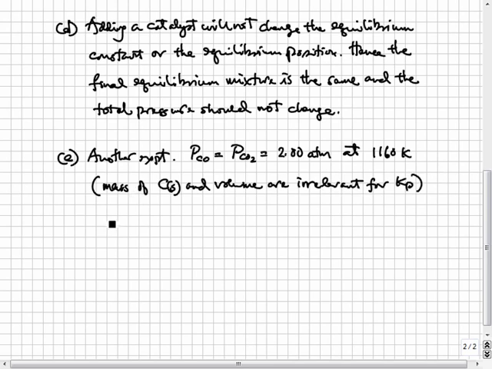To see if the system is at equilibrium, we compute the reaction quotient Q. Q has the same expression as K, except we use the initial partial pressures. We see that Q comes out to be 2.00, which is less than Kp.